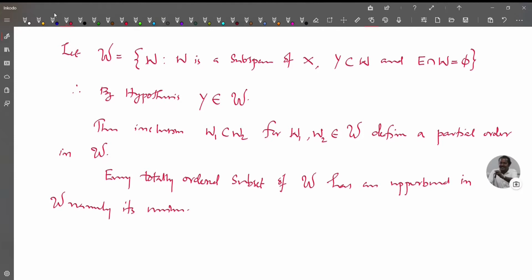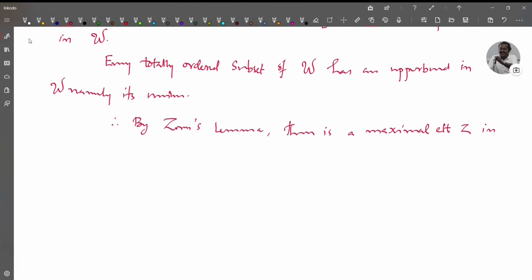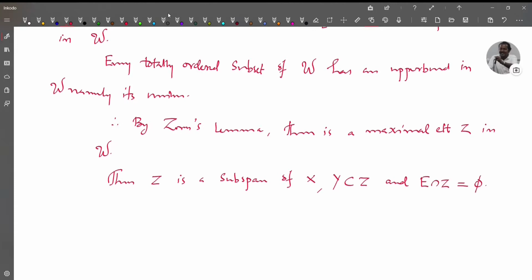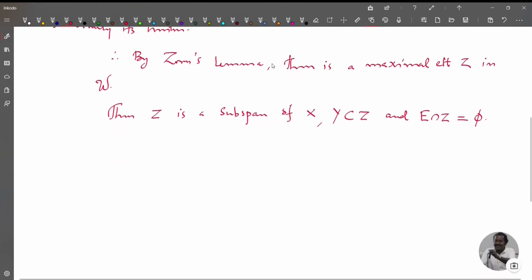Therefore, by Zorn's lemma, there is a maximal element Z in W. Then Z is a subspace of X, Y is contained in Z, and E intersection Z equal to phi. So this proves step 1.